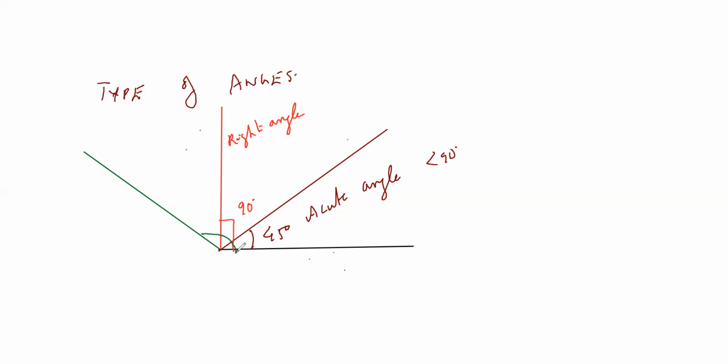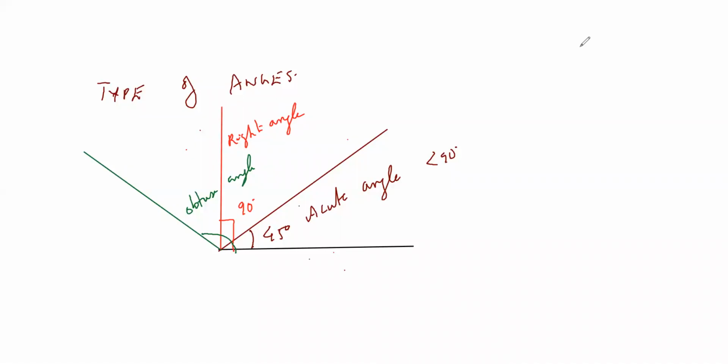It is an obtuse angle. So if it is greater than 90 degrees, it is called an obtuse angle. So is it clear now? Very easy thing this is.